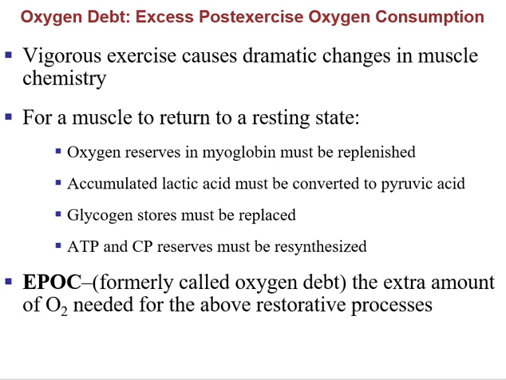We used to call these parameters for a muscle to return to its resting state the oxygen debt. But now it's called excess post-exercise oxygen consumption, or EPOC. It's just the extra amount of oxygen that's needed for all the restorative processes for a muscle to return to its resting state.